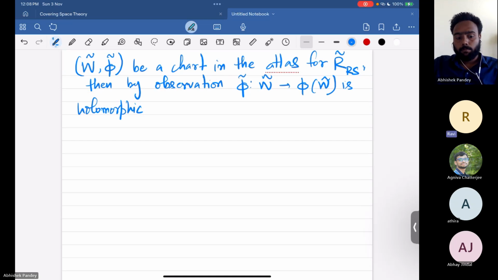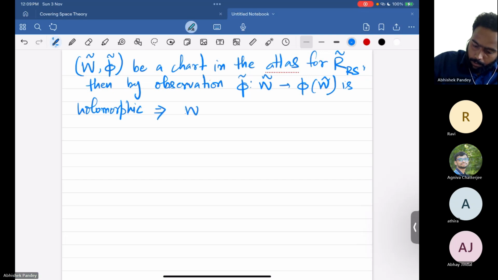is that this chart W tilde will be contained in a maximal atlas for the Riemann surface R tilde, isn't it? So this is holomorphic, and this will again imply by observation that W tilde is in the atlas for R tilde.